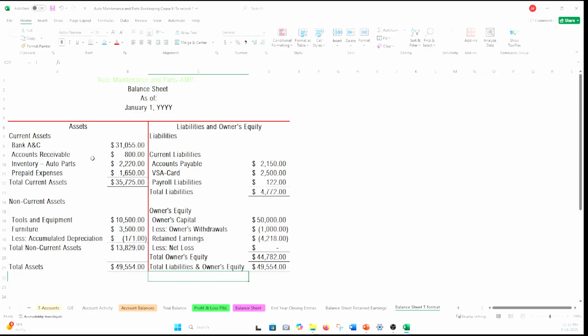On the left side, we have the assets, and the total assets are 49,554. On the right side, we have the liabilities and the owner's equity with the totals by groups, and total liabilities plus owner's equity equal 49,554, which is equal to the total assets. And remember, assets equal liabilities plus owner's equity, and that's the accounting equation.